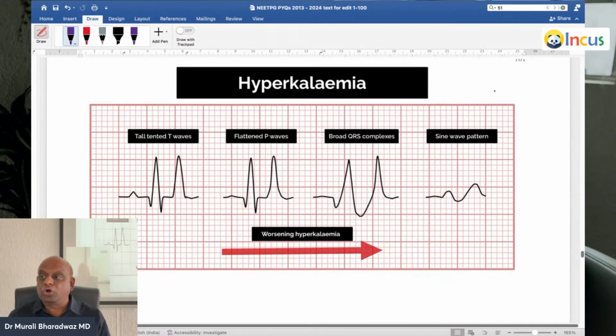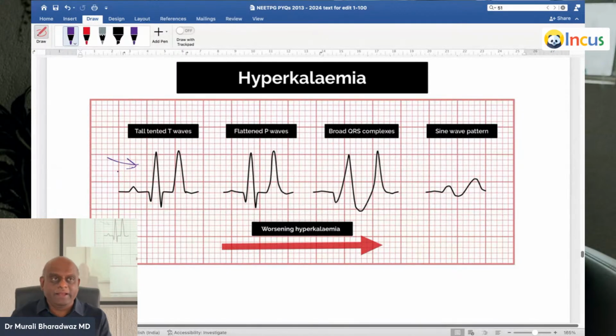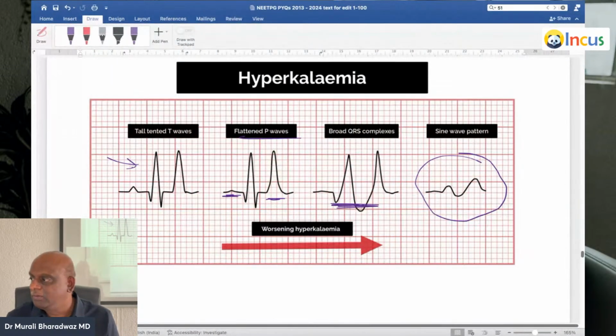So you can see tall tented T waves are there initially when the hyperkalemia starts. The more severe next stage is flattening of the P wave. Then broadening of the QRS complex. With further potassium increase, it becomes a sine wave pattern, is what we need to understand.